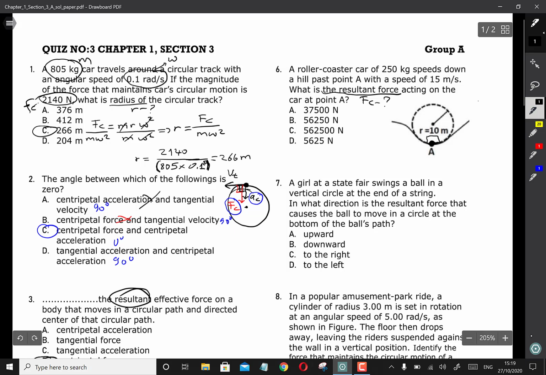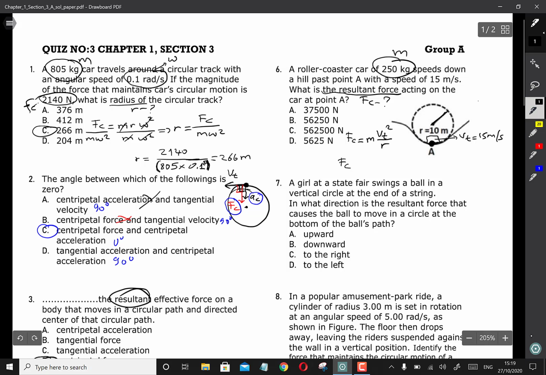This car is moving at tangential speed Vt of 15 meters per second, and its mass is given as 250 kilograms. The radius of the path is given as 10 meters. So calculate the centripetal force. Fc is equal to m Vt squared over r.